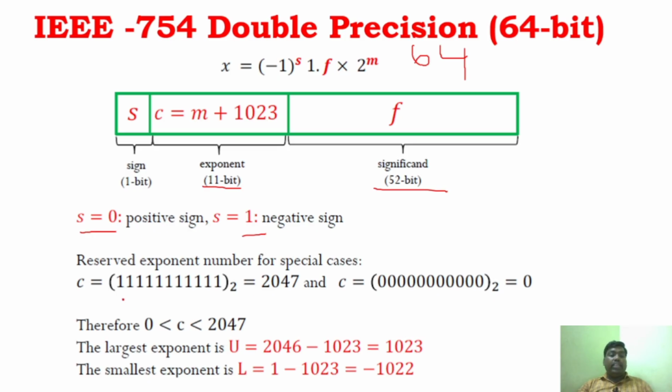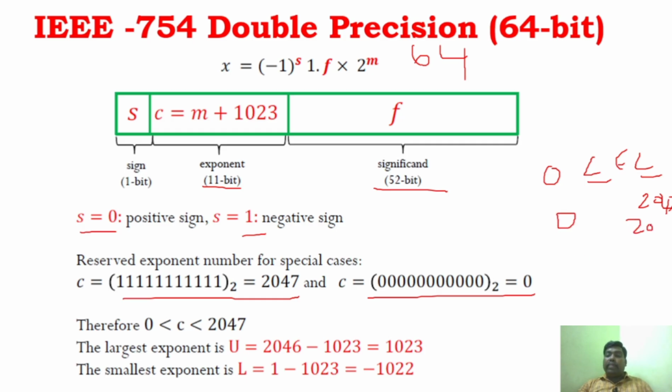If all exponent bits are 1, it will be 2047, and if everything is 0, it is 0. So the range has to be from 0 to 2047. But as I said, this 0 and the last value will not be used. So what will be the exact range?